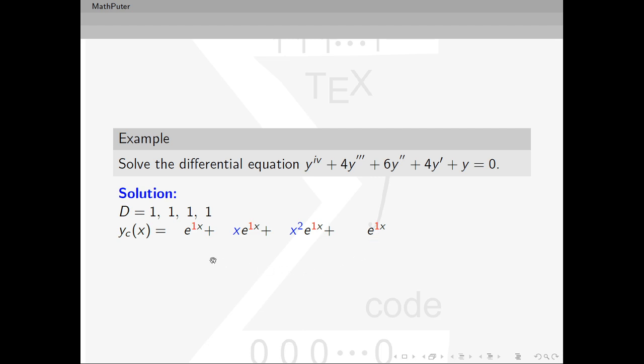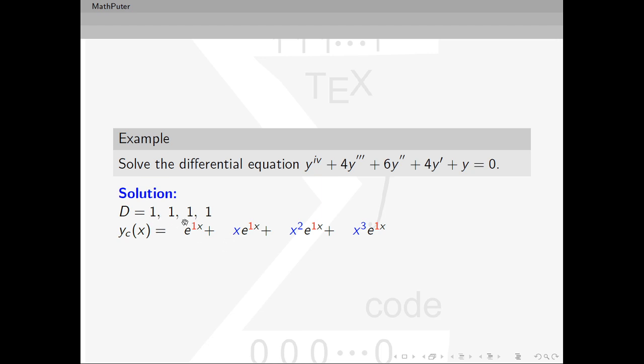This e raised to x is same as this, so let us multiply by x, but then this is same as this, so let us multiply by x square. So it is same as this, so now let us multiply by x cube. So when repetition occurs, we choose x, then x square, then x cube, x raised to 4, x raised to 5, x raised to 6 as our requirements for the roots.